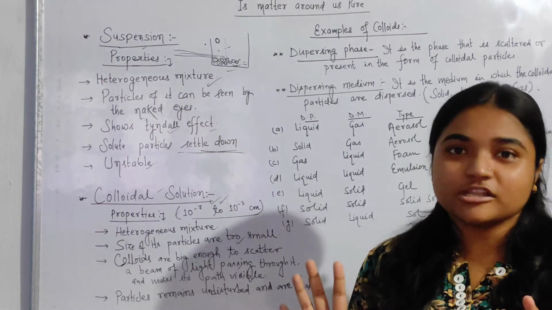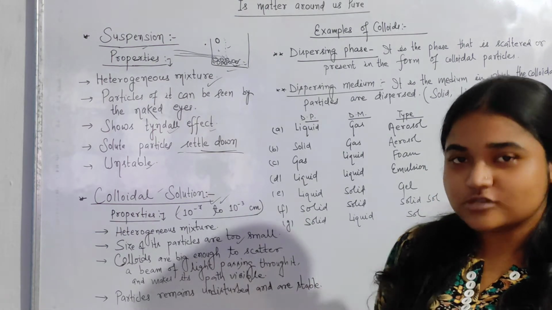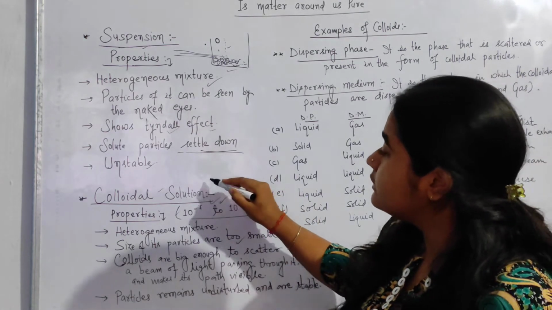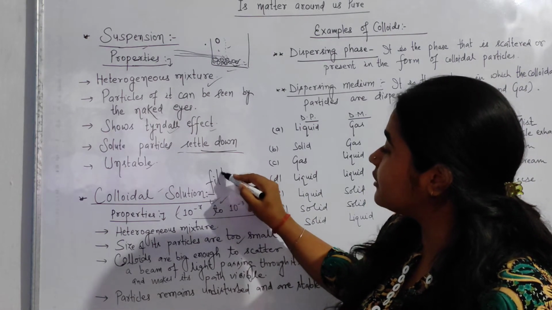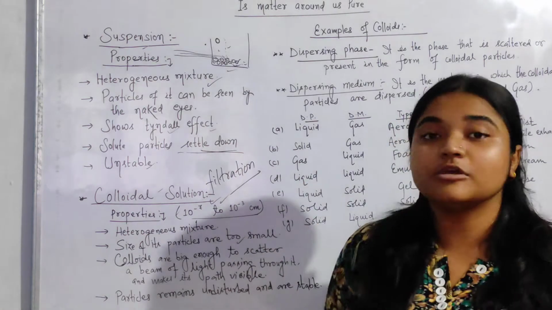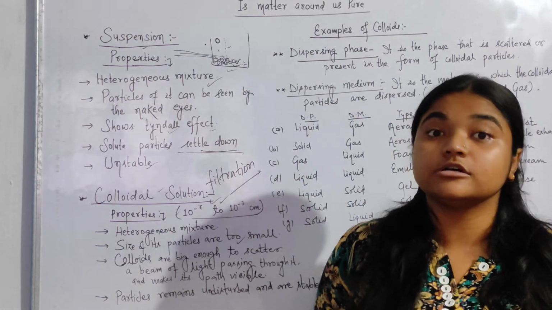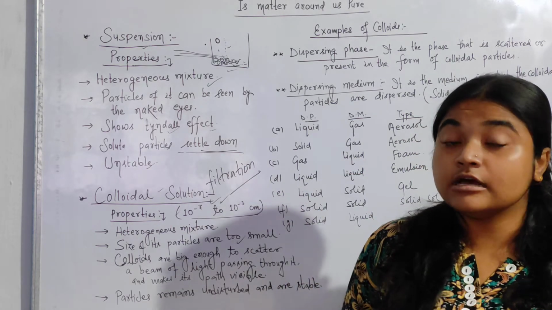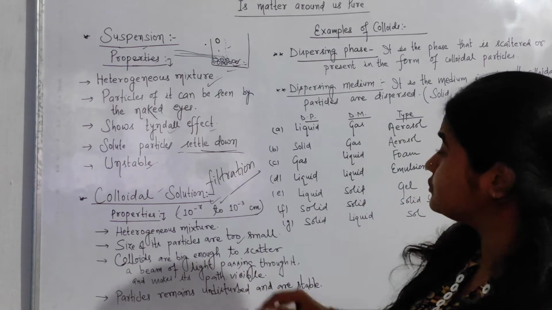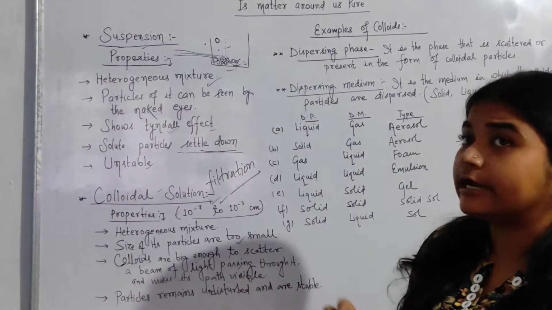Obviously if we are not disturbing anything, it will remain stable, isn't it? Also one more very important point, that is filtration. In the colloidal solution, filtration cannot be used for the separation of the solute particles and the solvent. Clear? Coming to the examples of the colloidal solution.